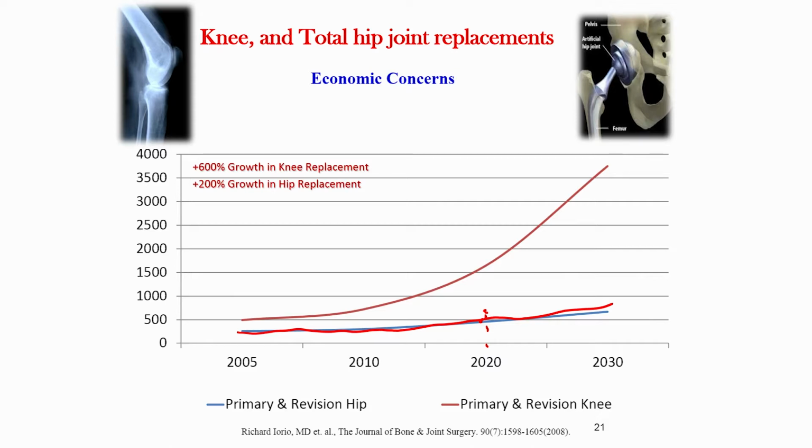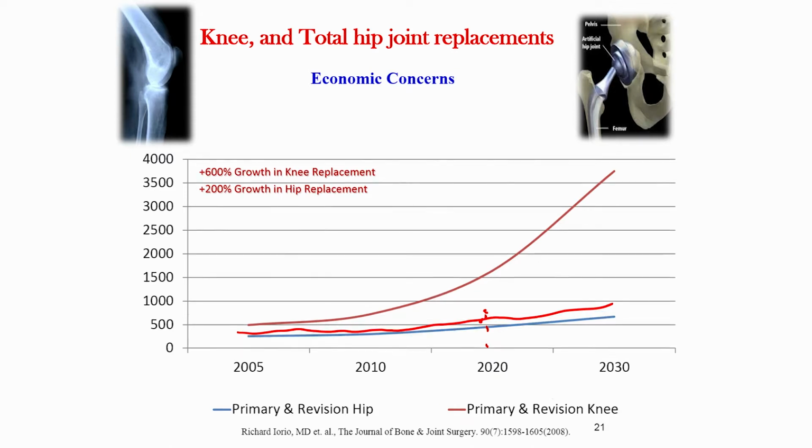This is the primary and revision hip surgery, you can see this is the first one. So, this is your primary hip surgery. This is the data from the Journal of Bone and Joint Surgery, primary and revision hip, and this is the primary and revision knee.